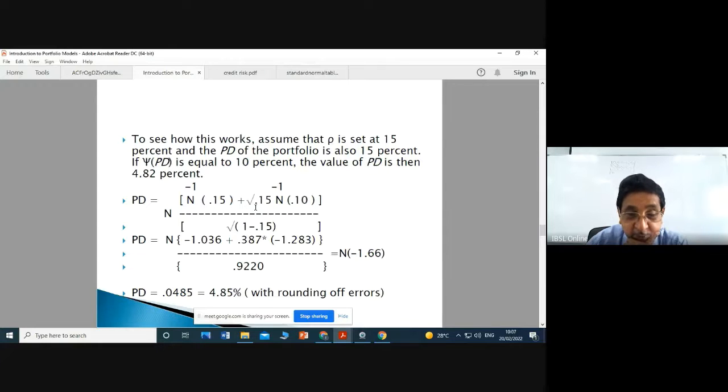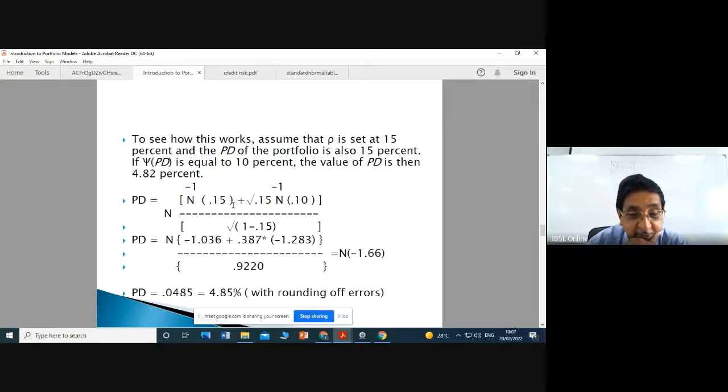So therefore, square root of 0.15. Then you get N minus 1 of psi PD, which is 10%, so you put 0.10 here. Then divided by the square root of 1 minus rho, so 1 minus 0.15.